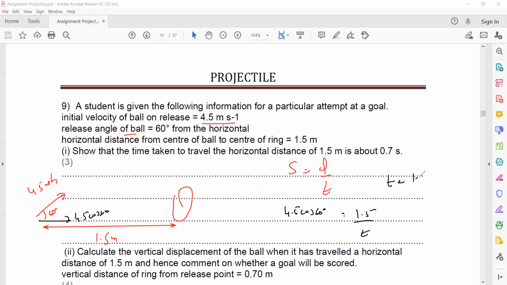So t is equal to 1.5 divided by 4.5 cos 60. That will give us the time the ball will take to reach this ring. So it will be 0.67 seconds it will take to reach the ring.